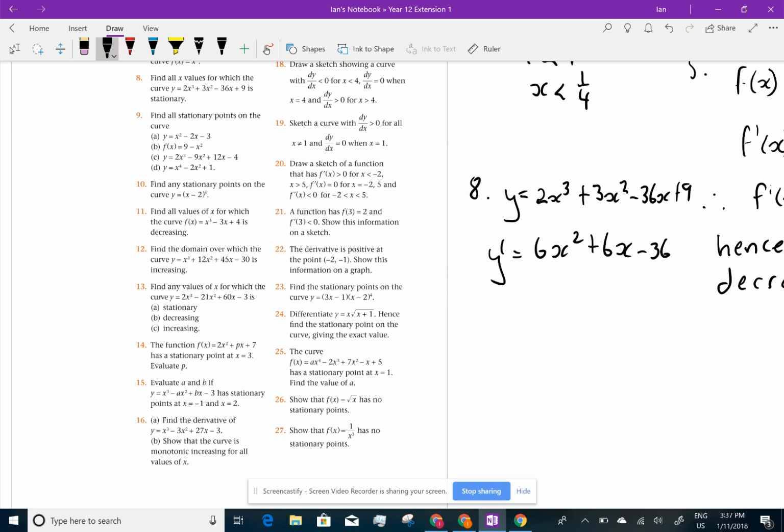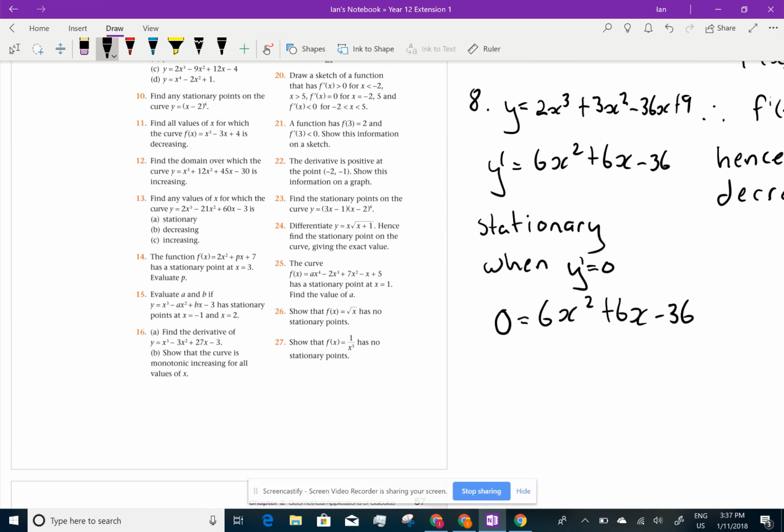The curve is stationary when y dash equals 0. So 0 equals 6x squared plus 6x minus 36.